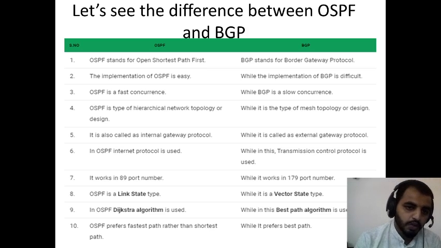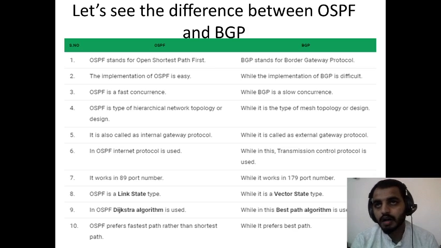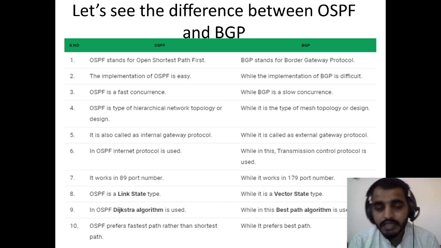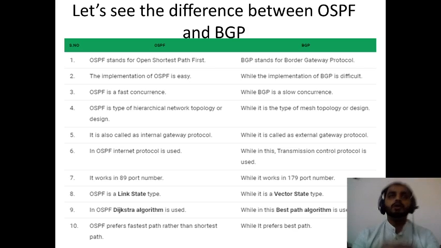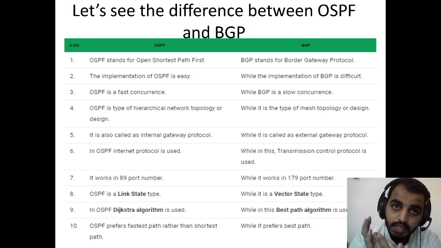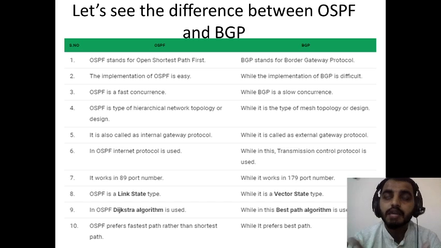The fourth point is OSPF is a hierarchical network topology or design, whereas BGP is a mesh type. The fifth point is OSPF is also called an internal gateway, whereas BGP is an external gateway. Internal gateway means, as you are communicating within the fifth semester, it is within the same class. Whereas with BGP, you are going from the fifth semester to the seventh semester. It means it is an external gateway.